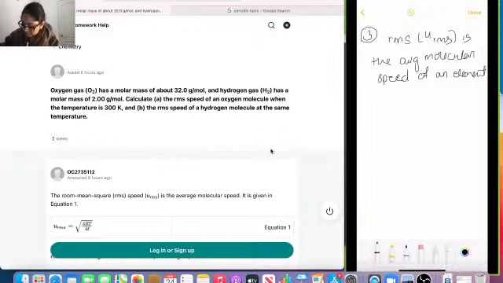The equation is given by U RMS is equal to the square root of 3RT over M, where M is the mass, basically.